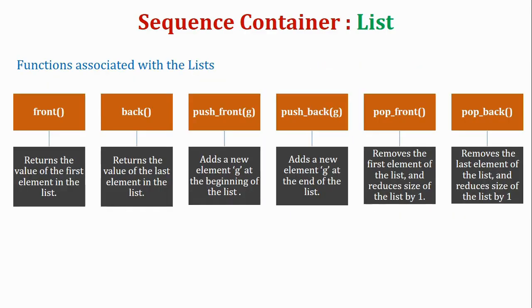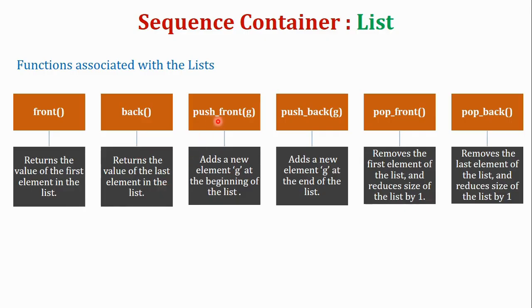The functions associated with list. There are different types of inbuilt functions. We'll discuss them one by one. First one is front. It will return the value of the first element in the list. And next one is back. It will return the value of the last element in the list.